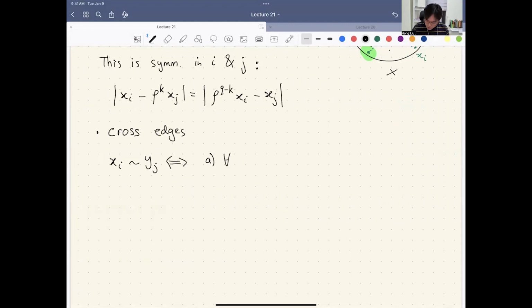So for any k in Q, we require the imaginary part of this number, which is the kth power rotation of the inner product between xi and yj, to be at least k times mu.